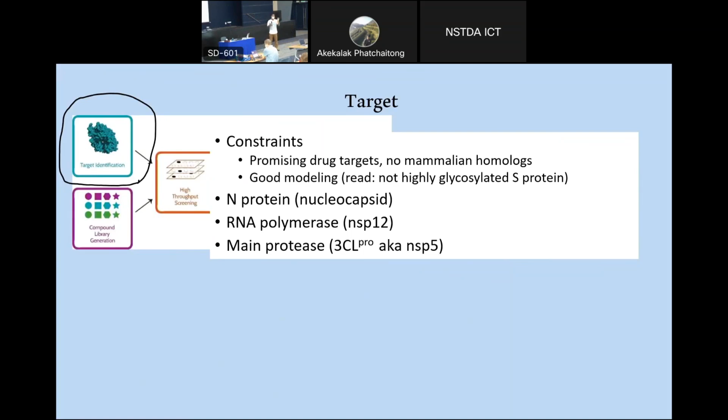So make sure your protein has a good model, because a lot of the subsequent steps depend on how well we know the protein structure. So that is a very good initial requirement, that you have a good model.